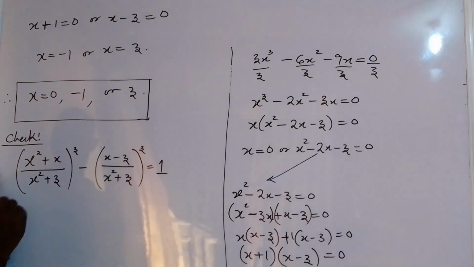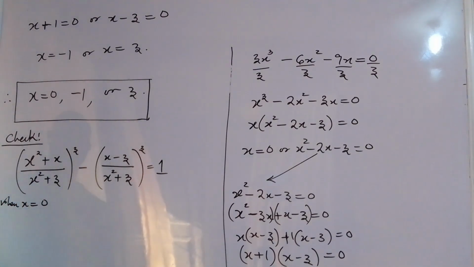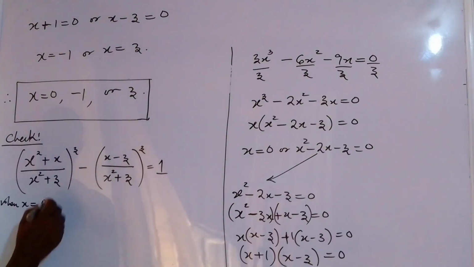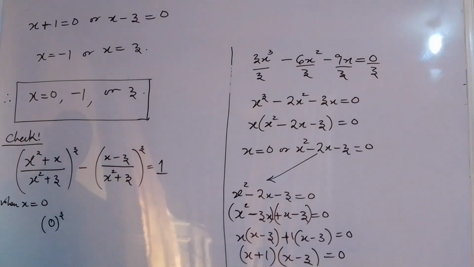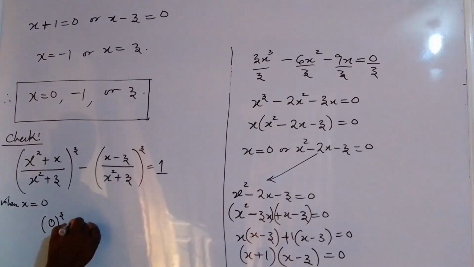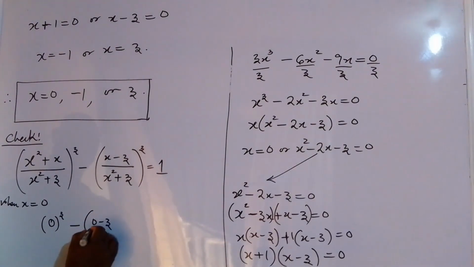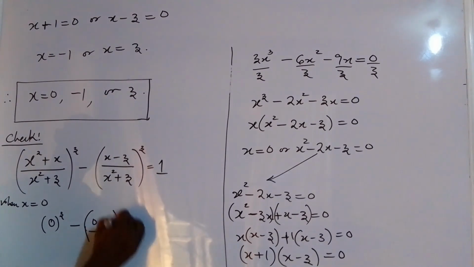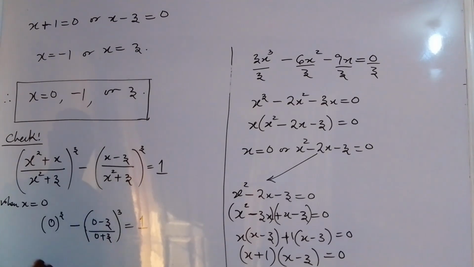So when x is equal to 0, the whole of this will go to 0, minus 0 minus 3 all over 0 plus 3 all cubed equal to 1. So the whole of this is 0.